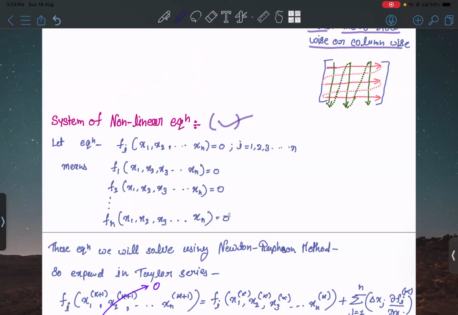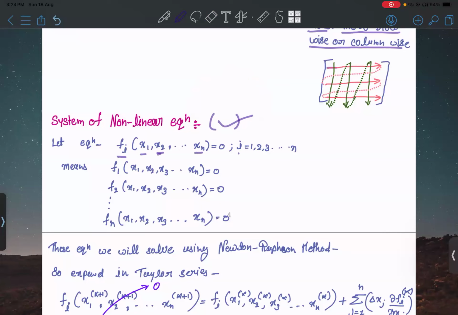So if we have, rather than one equation, n number of equations, we have some function f in arbitrary n variables x1, x2, ..., xn.